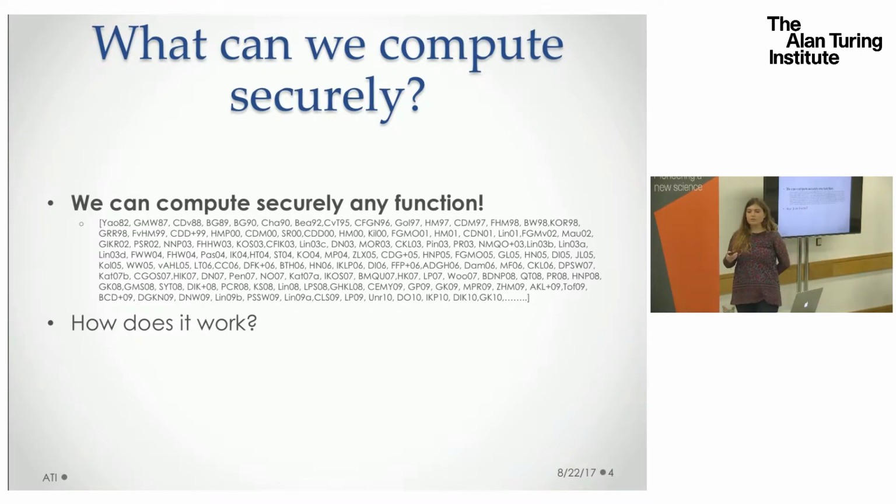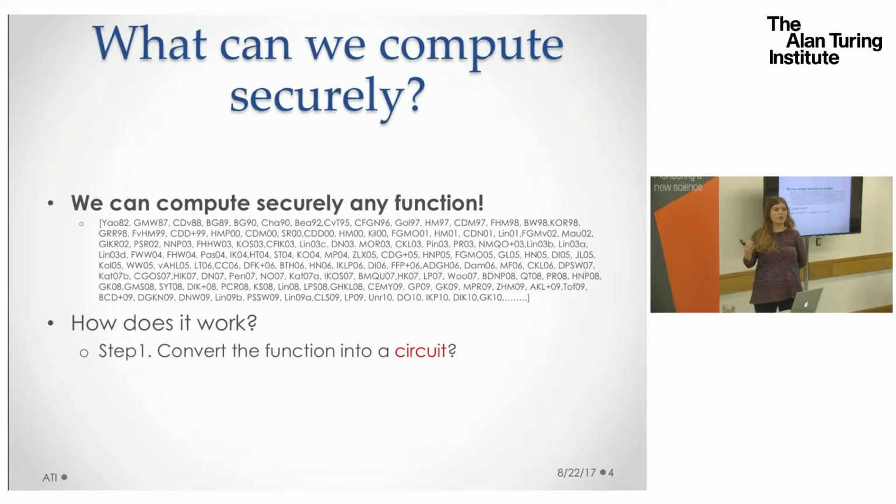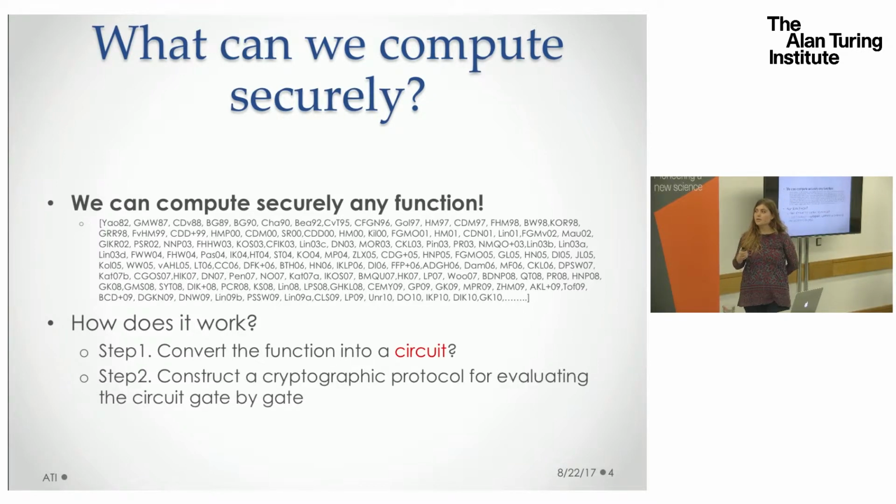In general, the recipe for many of the existing protocols starts with step 1, where you take the function that you want to evaluate and represent it as a circuit. You can think of this either as a Boolean or as an arithmetic circuit. Once you have transformed the computation in this manner, the next step is to develop a cryptographic protocol that enables you to evaluate this circuit gate by gate.